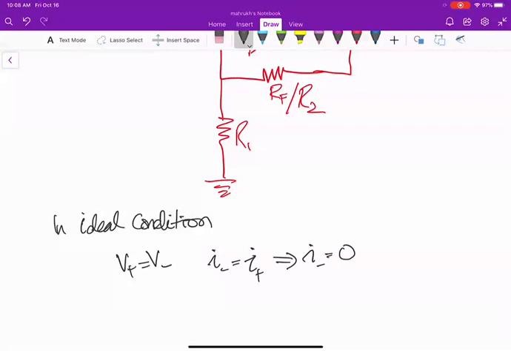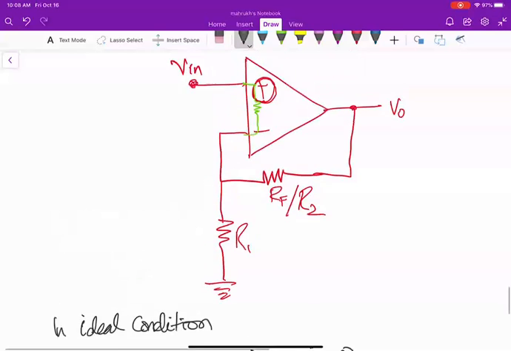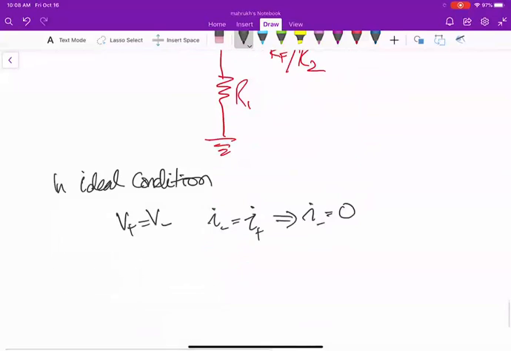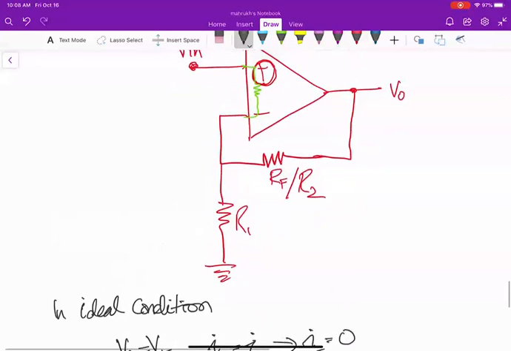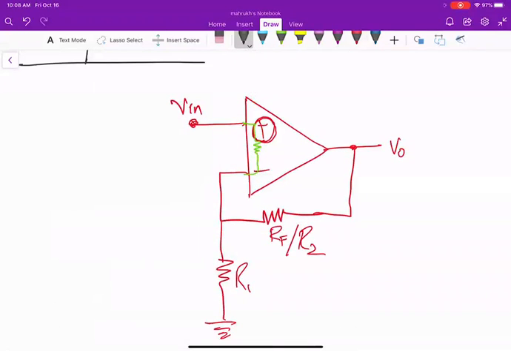This makes us think that V negative is equal to V positive is equal to V in. So we want to make the case that this V in is the V in here as well.